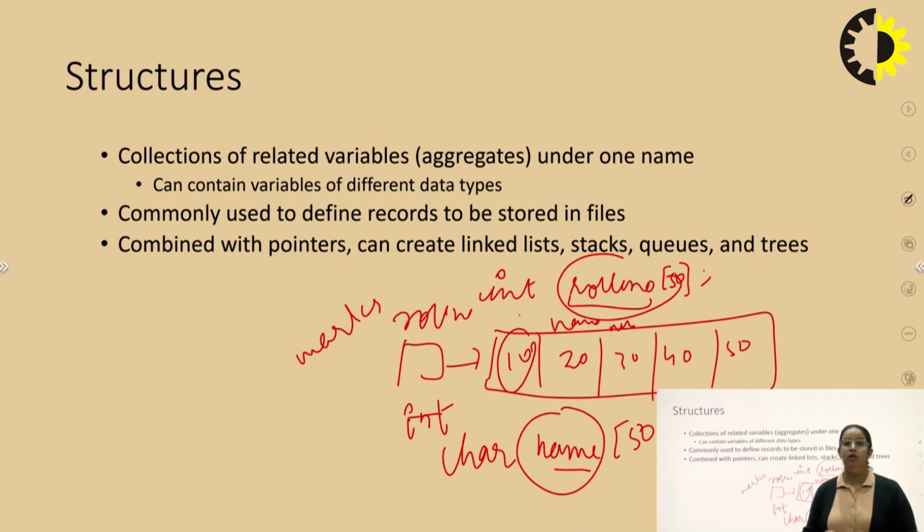For example, for storing records, or when we are creating a table, at that time with the help of structures we store the elements. With the help of structures we can create linked lists, stacks, queues, and trees.